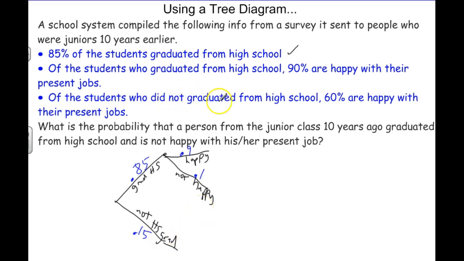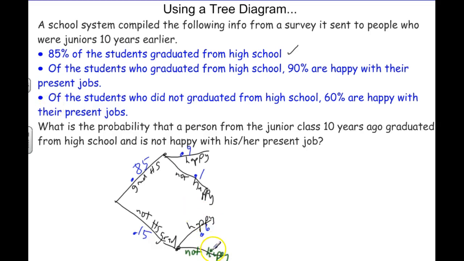And then it says, of the students who did not graduate from high school, 60% are happy. Oh man, that's so sad. So only 60% of these folks are happy. So happy is 60%, so this is 0.6. And then not happy, and that is going to be 0.4.